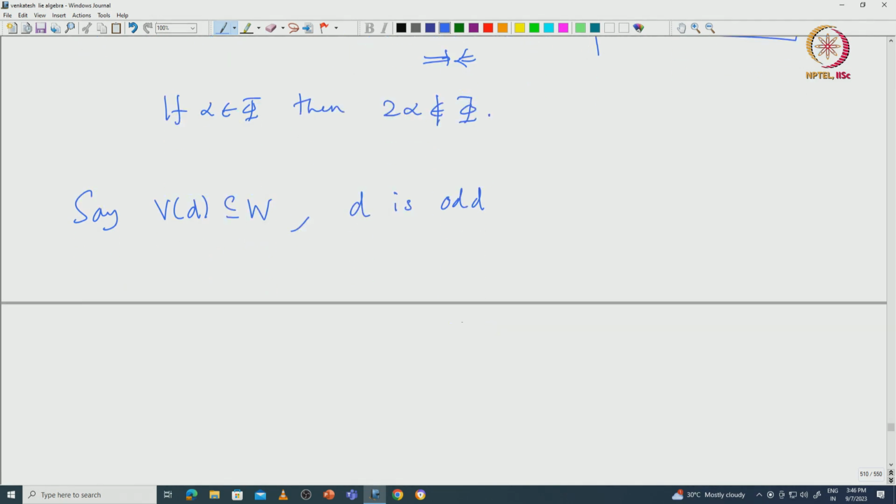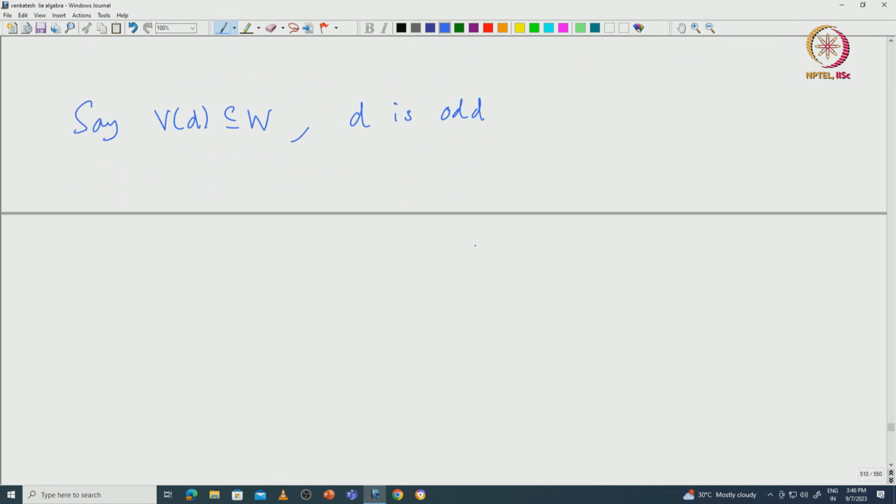If V D is actually inside W such that D is odd, then you can see that V D 1 is the 1th eigenspace with respect to H alpha, so that must be non-zero. So, this W 1, which is again the 1th eigenspace of H alpha, must be non-zero.